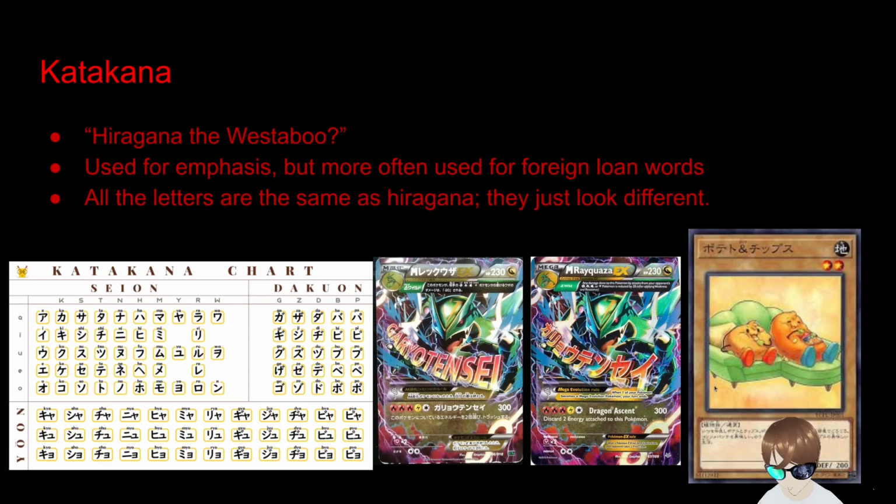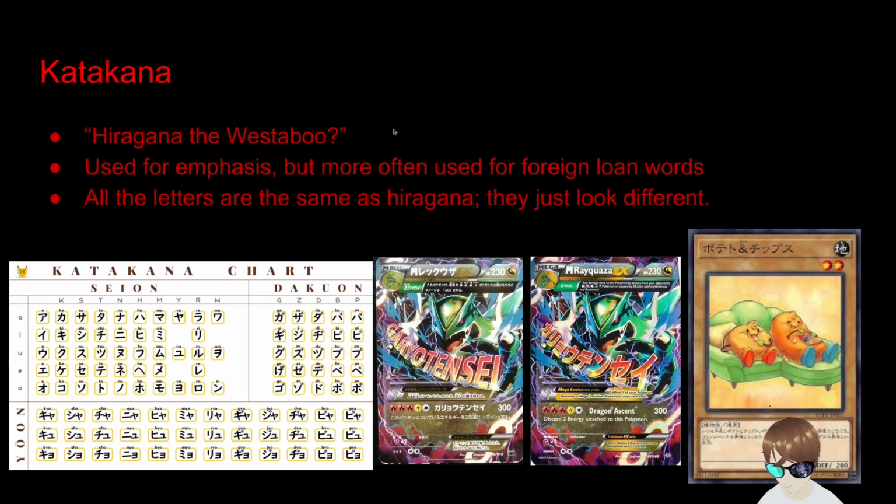So this is a famous Yu-Gi-Oh card called Potato and Chips. It's written in katakana. So it's potato, and then this right here. It's impossible to see, but this does say ando instead of what and would actually be in Japanese, which is to. It says ando and then chipsu. But yeah, it really is just like a foreign loanword.